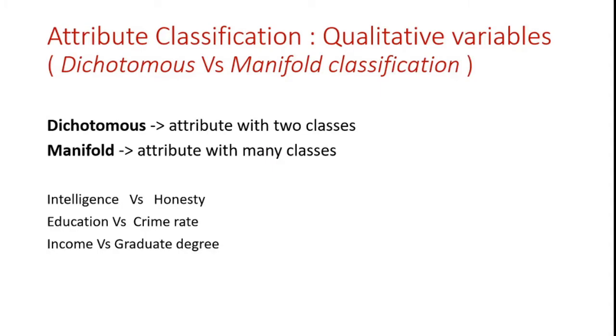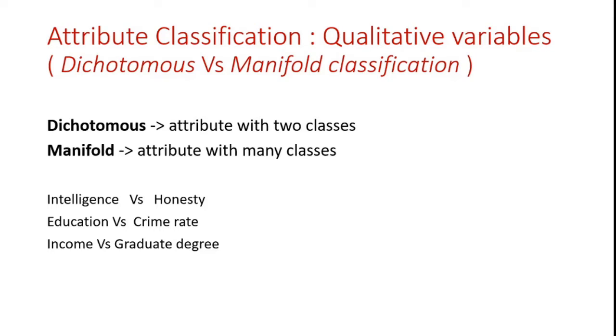To understand what exactly attributes are, consider comparing intelligence versus honesty in a group of people, or education versus crime rate in a city, locality, country, province or state, or the association between income and a graduate degree.